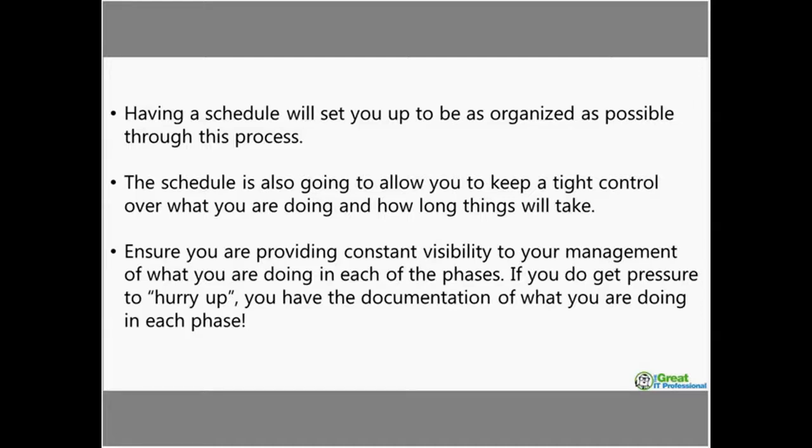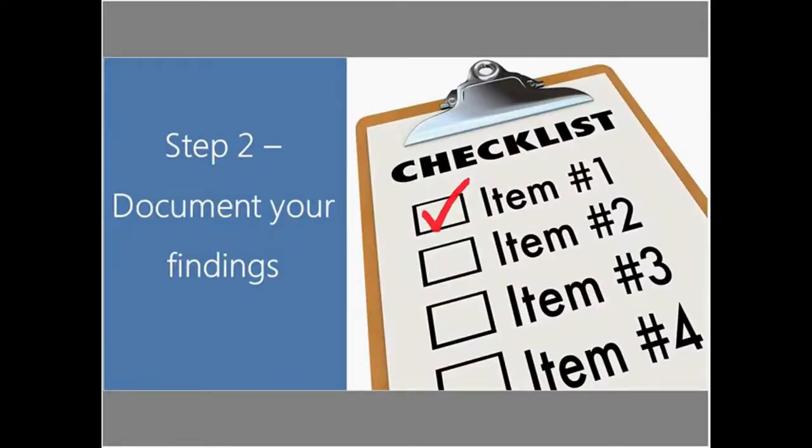Does that make sense? Every project needs a schedule. Ramping up an inventory of PMO is a project as well. It needs a schedule, and having that schedule will give you that ongoing rigor around what you're trying to accomplish. So I really believe strongly in step one being that you need that schedule.